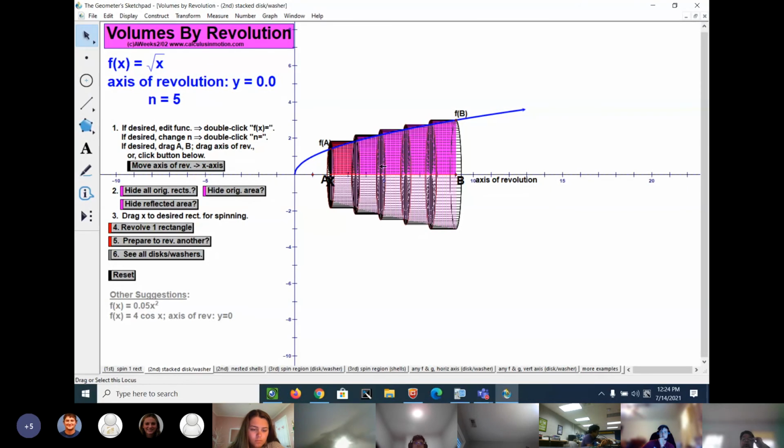Now this is what we're going to be doing. This is called a disk. So a disk looks like a disc. Okay, these discs right here, you have the width of the disc.